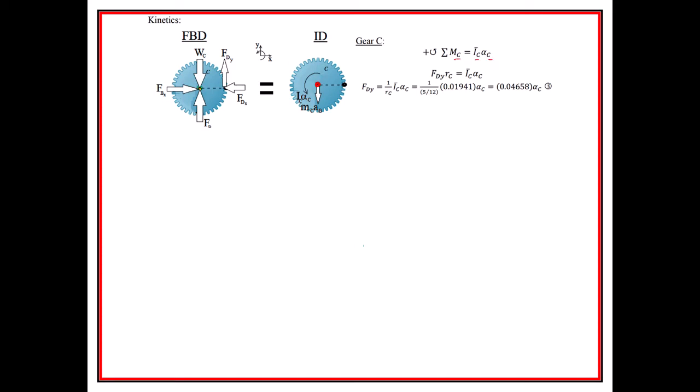But that's what we're doing, we're taking it about here, and we can see that the only force causing a moment is going to be this force right here, and as we've drawn it, it is going to be counterclockwise. So it's positive, and then the moment of inertia about the center of the thing. So we're fine.